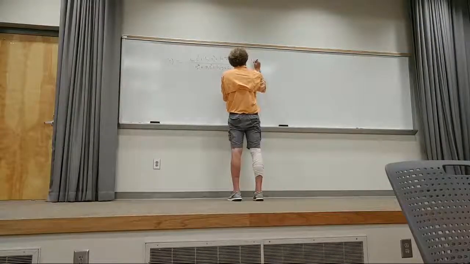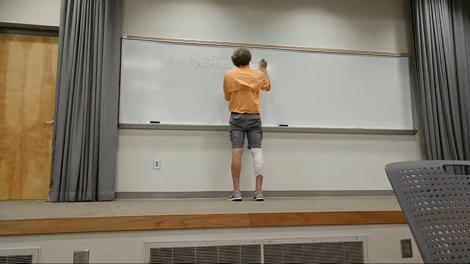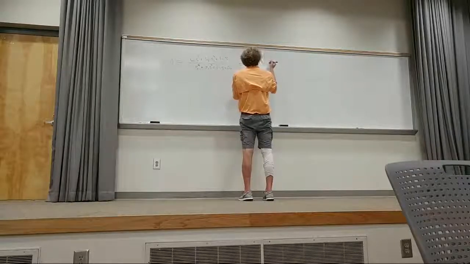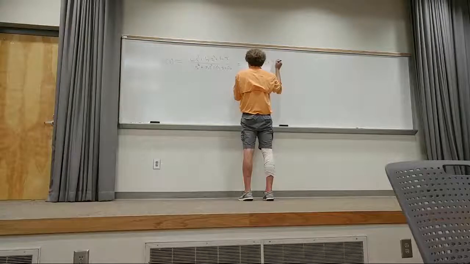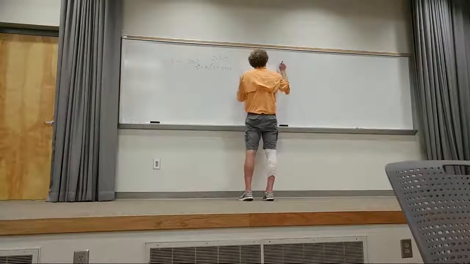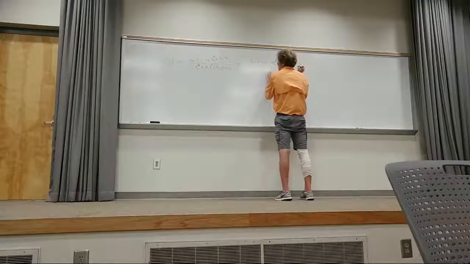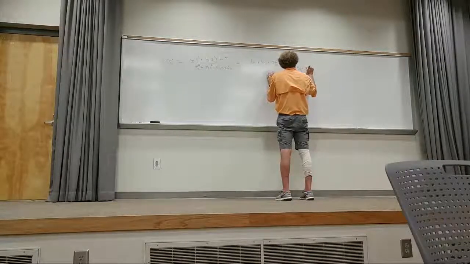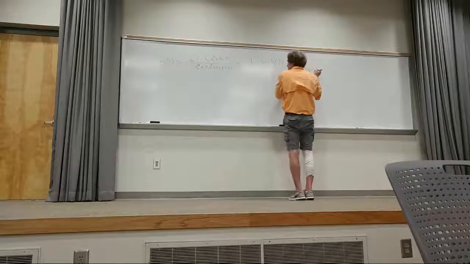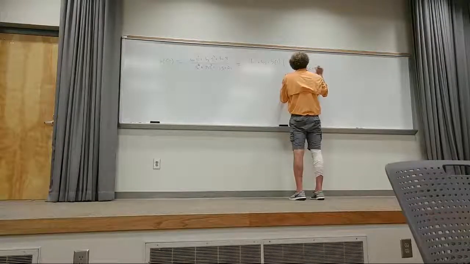I get B0 plus B1 over s, plus B2 right here over s squared. And that's going to be divided by the quantity, and I on purpose did it this way, 1 over, and it would be simply 1 plus A1 over s plus A2 over s squared plus A3 over s cubed.